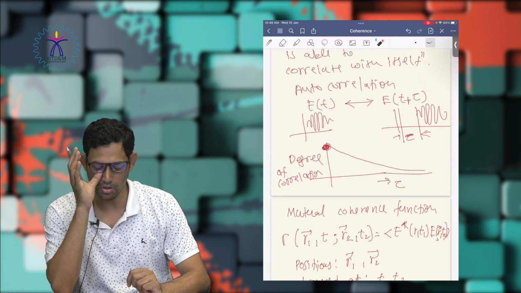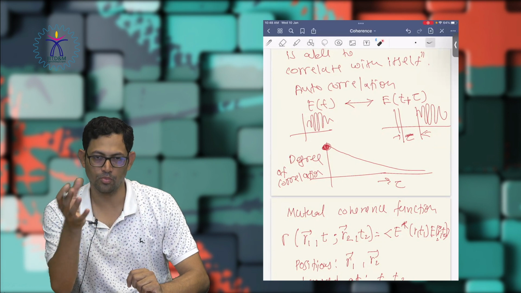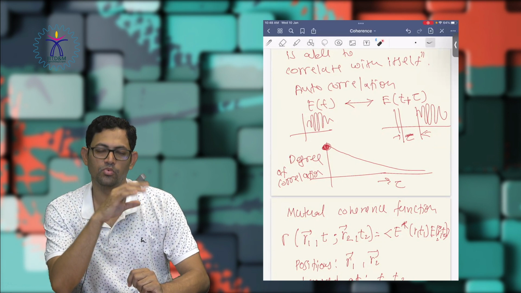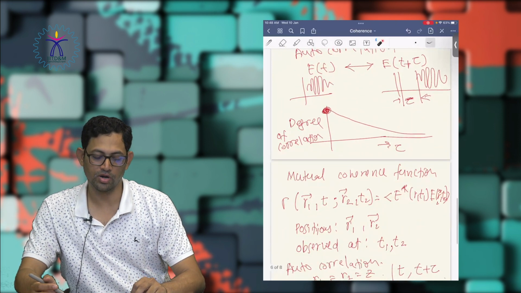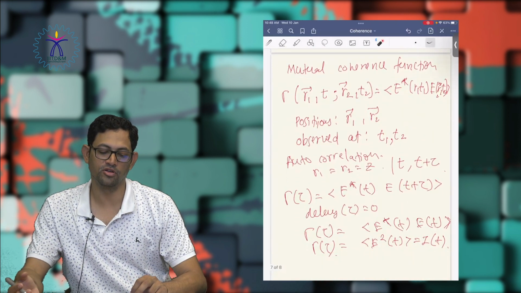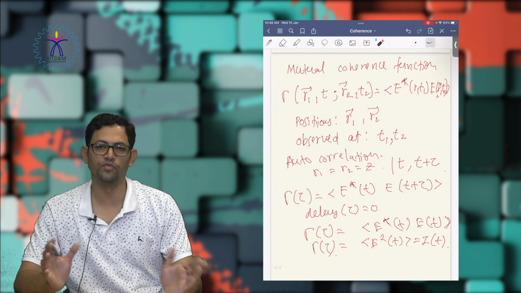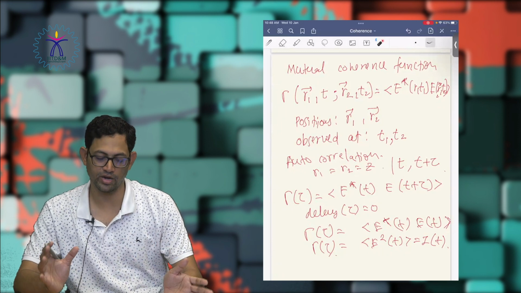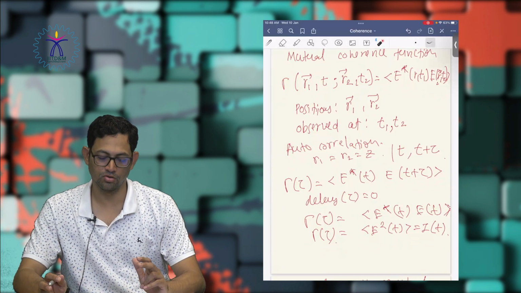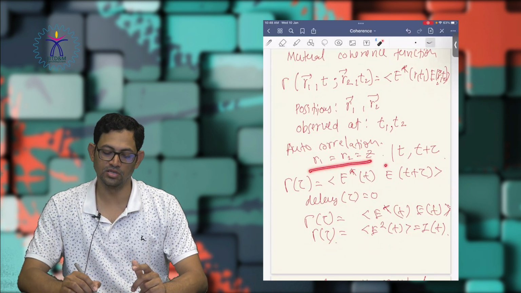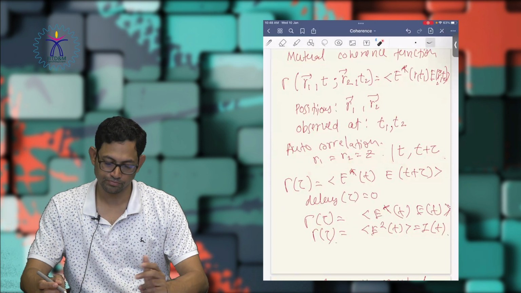One apple with the same apple at a different time instance, right. So we try to understand what the delay is. We first defined mutual coherence, that is for two different electrical fields or two different wave packets. Then we defined autocorrelation with the same wave packet. So what are the assumptions for the same wave packet, okay.